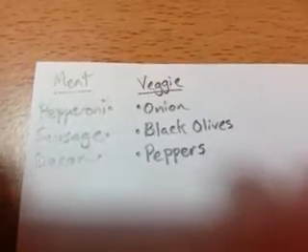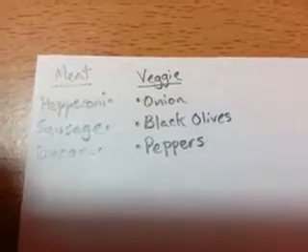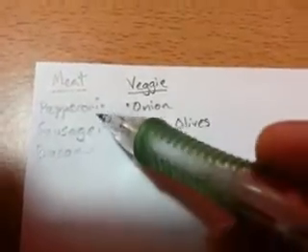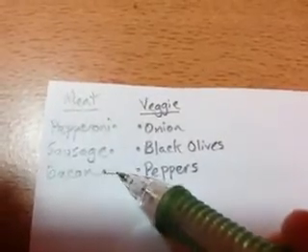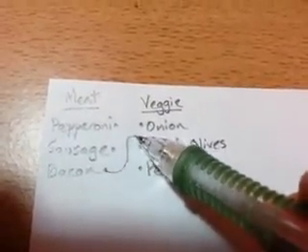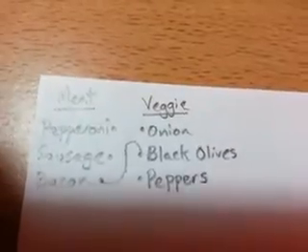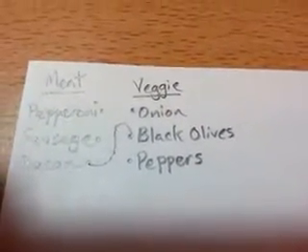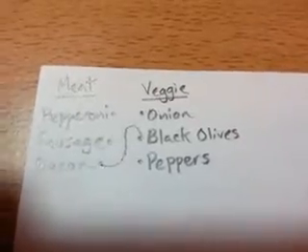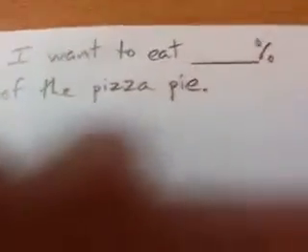Do you guys like pepperoni? Well, anyway, what do I like? I like bacon with black olives, which my wife, Nicole, hates. She hates black olives, but I love it. Nom nom nom nom. Anyway, let's go back to this one.